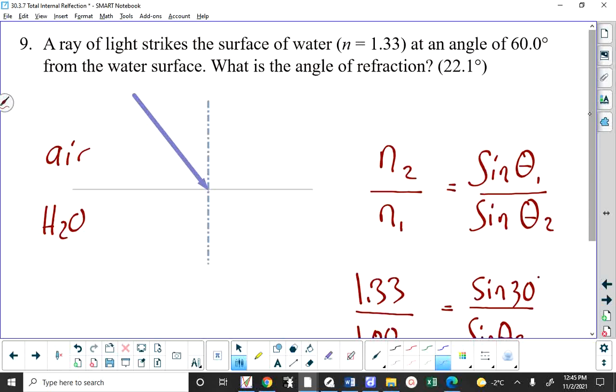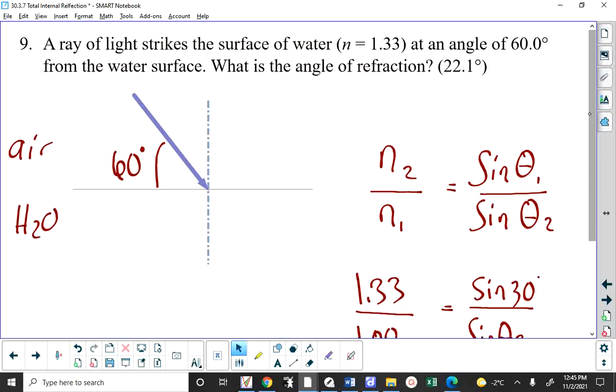But Snell's law only works when you use theta, whether it's 1 or 2, between the ray of light and the normal line. So we would have to say that the normal line is perpendicular, which means 90 degrees away from the boundary or interface or water surface. And that's where I'm getting the 30 degrees from. Are you okay with that now? Okay.